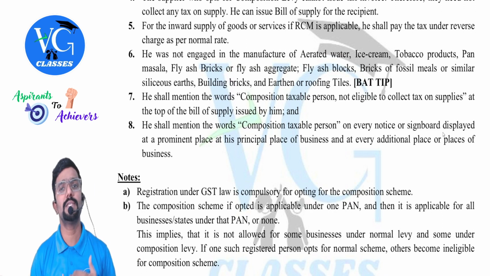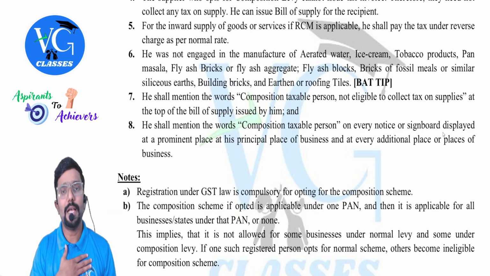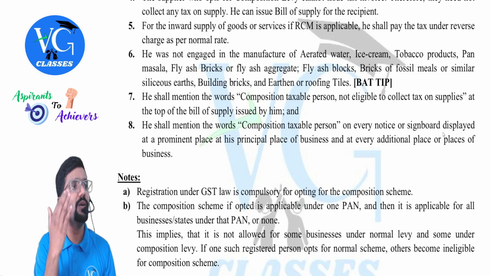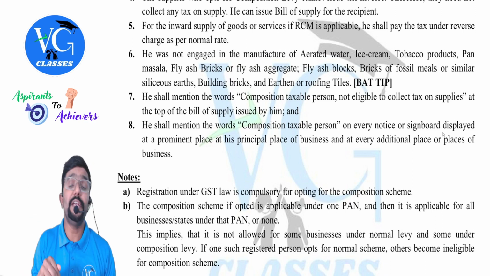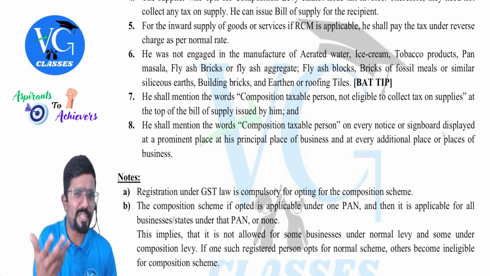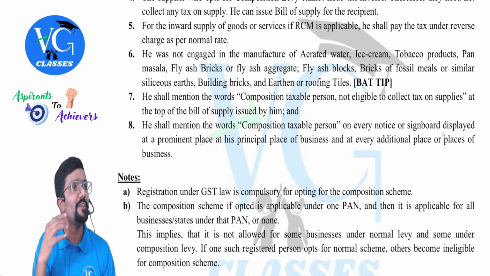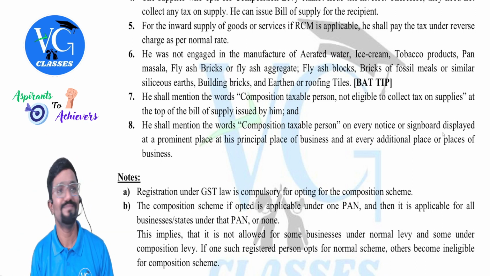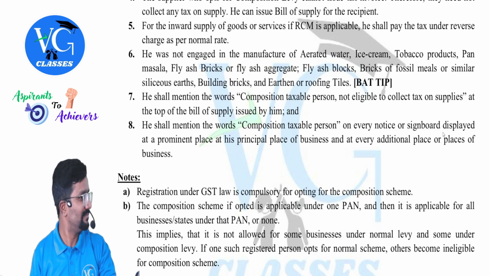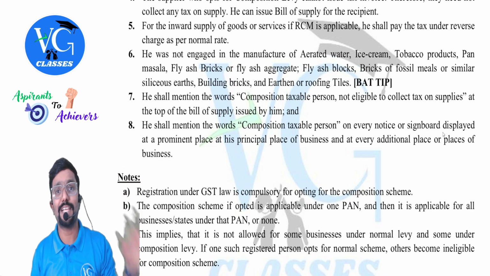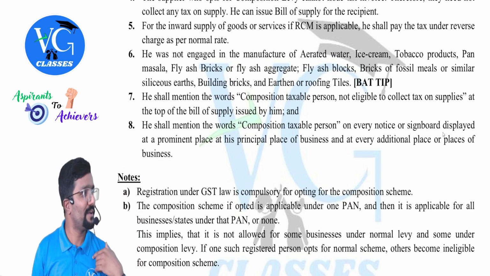Why so? Guys, this is for the safety of recipients. Assume I am registered under composition scheme. Can I collect tax from you? No. Can I pass on the credit to you? No. Now, when you are dealing with me, before you enter into a contract with me, before you do purchases from me, you should know that I am a composition supplier. Why, sir? What if by mistake I collect tax from you? I collected tax from you, so it is a mistake from my end, right?